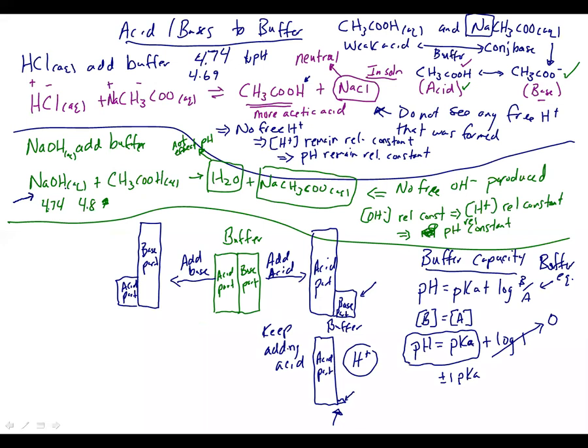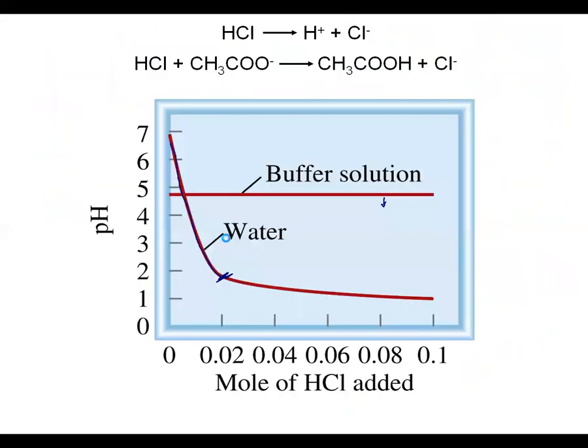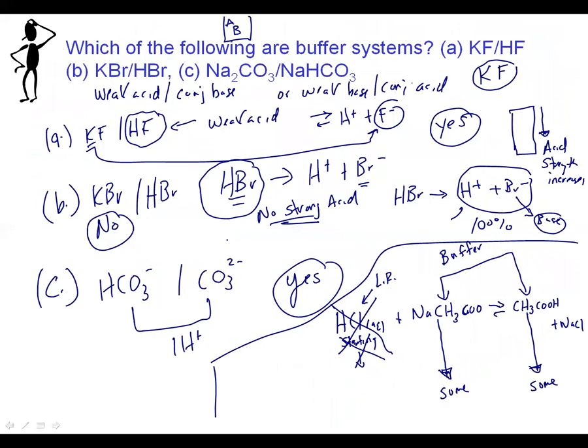If you used up all the sodium hydroxide, you would be left with this buffer here, basically being made. So again, you can make a buffer from a strong acid or strong base, but that strong acid or base is completely used up when it's all said and done. Any questions on that?